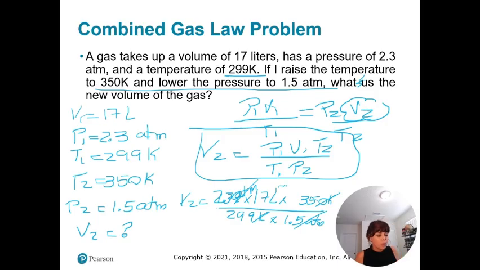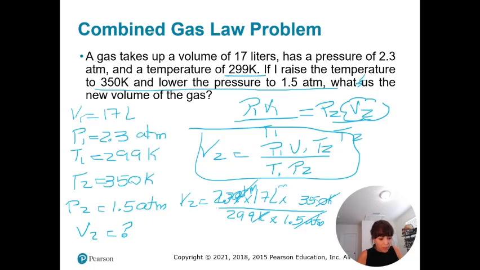So let's do the math over here. We have 2.3 times 17 times 350 divided by 299 times 1.5. Oh, don't forget the parentheses in your calculator.